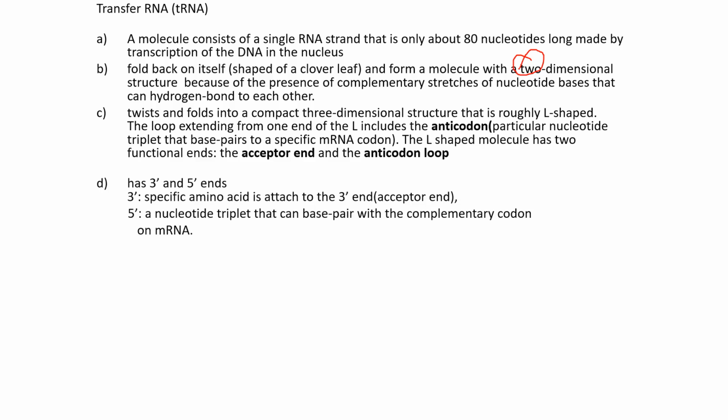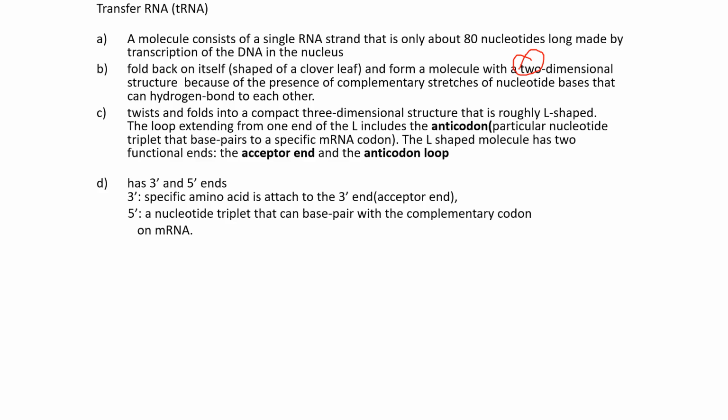Again, as I mentioned earlier, it has 3 prime and 5 prime ends. At the 3 prime end, a specific amino acid will be attached, and this end is known as the acceptor end.